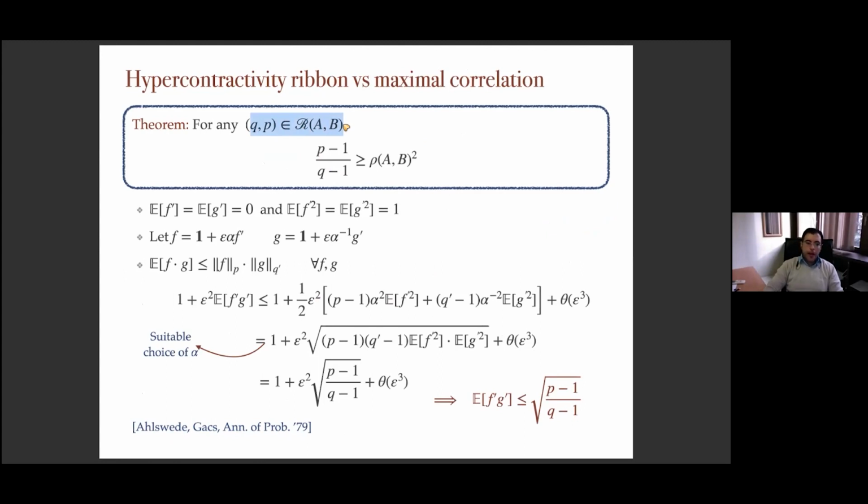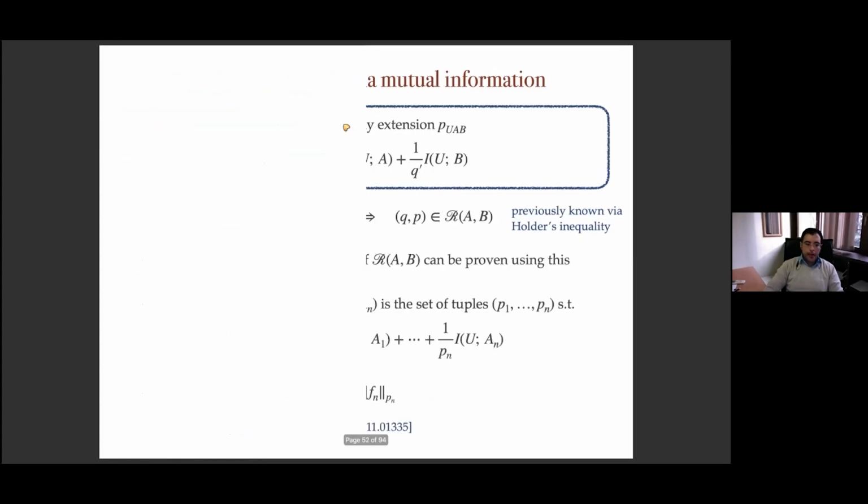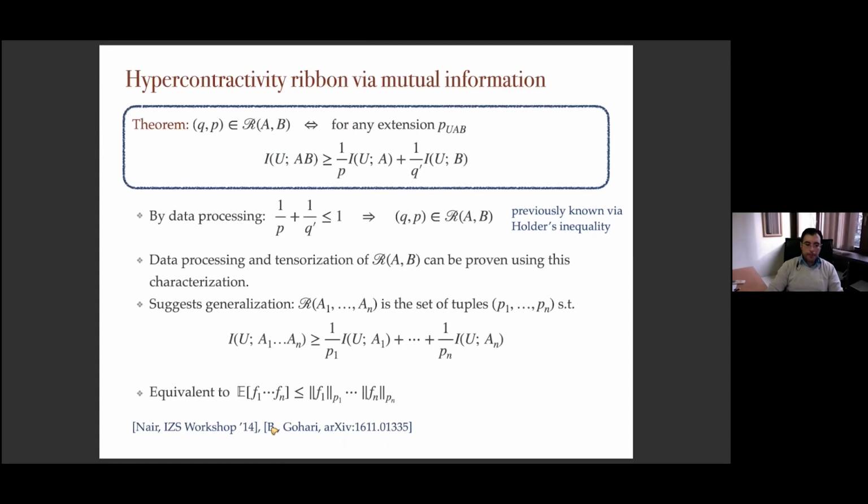But if you look at other papers, for example this paper that we have with Amin, we take Q prime and P to be the pairs that constitute the hypercontractivity ribbon. So that's just a matter of definition and notation. That's not really deep. Thanks very much.